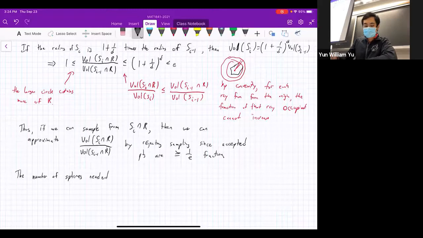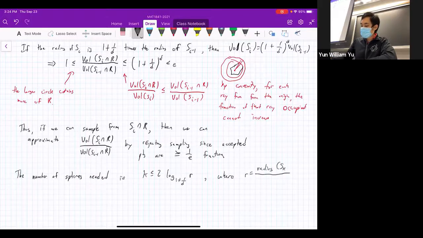The number of spheres needed is going to be k is less than or equal to 2 times log of (1 plus 1/d) times r, where r is equal to the radius of the big circle divided by the radius of the smallest circle, S_1.